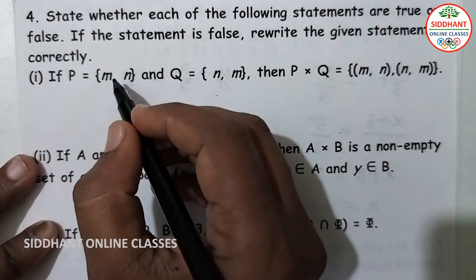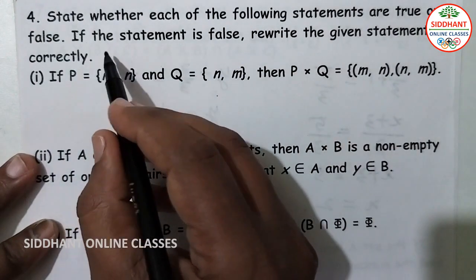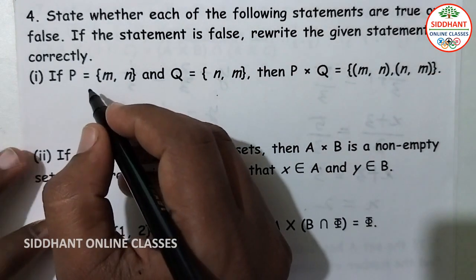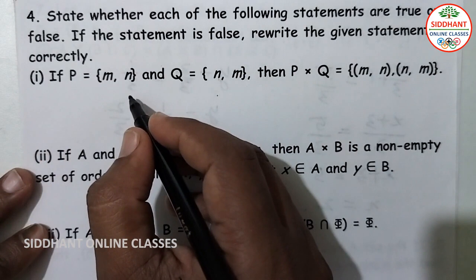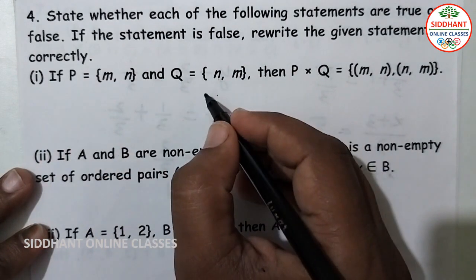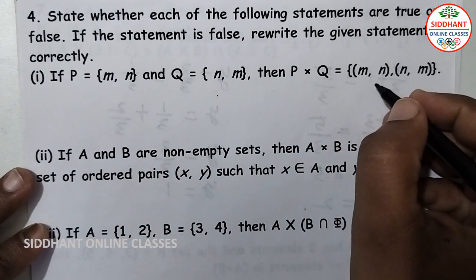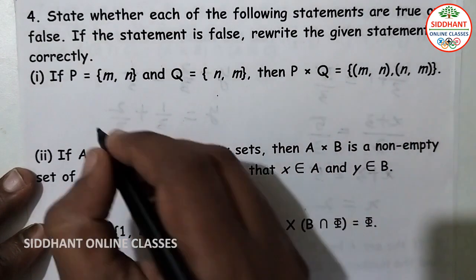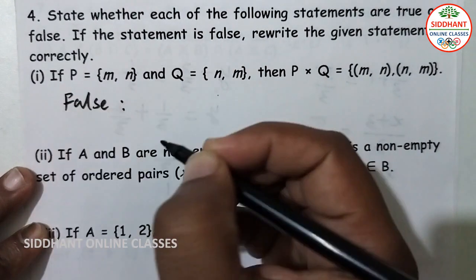Question number 4. State whether each of the following statements are true or false. If the statement is false, rewrite the given statement correctly. First one, if P has M and N, Q has N and M, then P cross Q is {(M, N), (N, M)}. So it is a false statement.